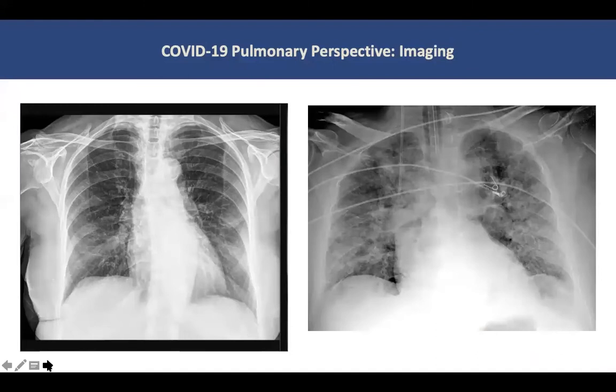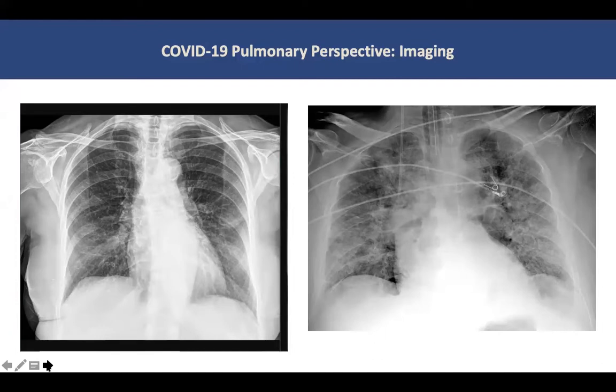I want to give you some idea of pulmonary imaging and chest imaging representation of the viral infection. On the left-hand side, this chest X-ray demonstrates some mild pulmonary infiltrates in lower lung fields, particularly in the right and the left lower lobes.